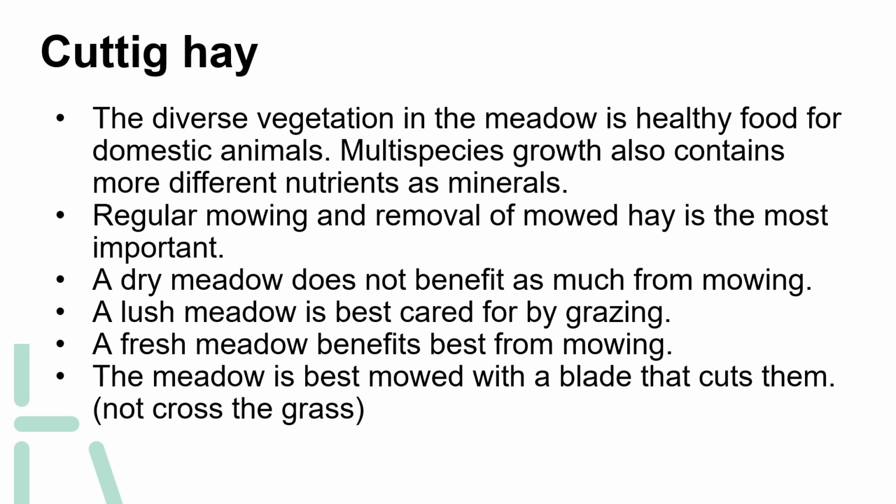But nowadays a lot of different types of grassland crushers are used, and that's not as good as the old machinery, which cuts the grass like scissors, or of course using a scythe, which also cuts off the grass.